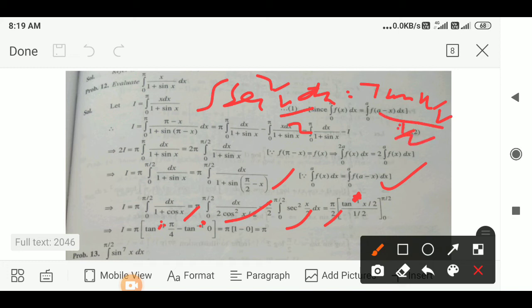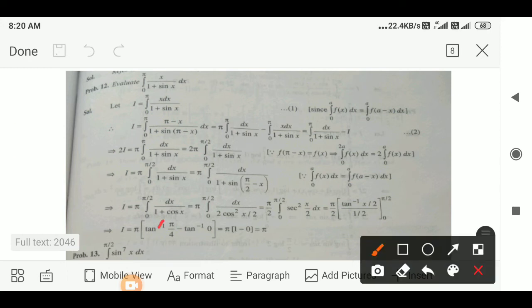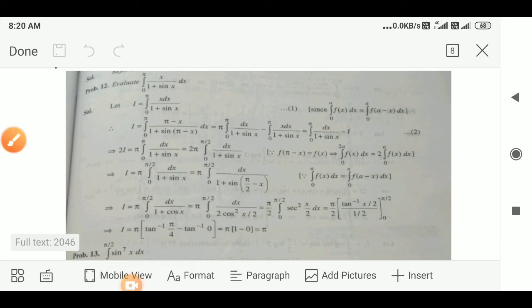So this will become twice of, here it is not inverse, it is a misprint, it is directly tan x by 2 upon 1 by 2. So the 2 cancels out, tan pi by 4 minus tan 0. So that is again 1 minus 0, that is equal to 1, because tan pi by 4 is 1.